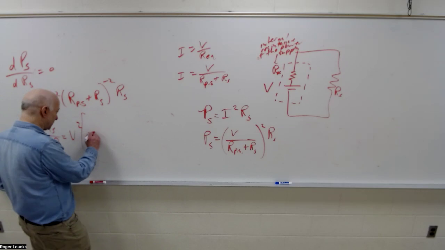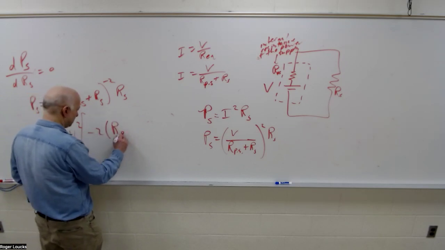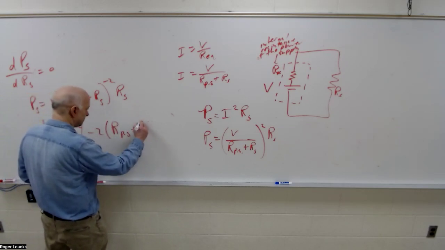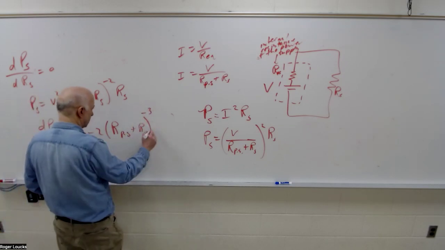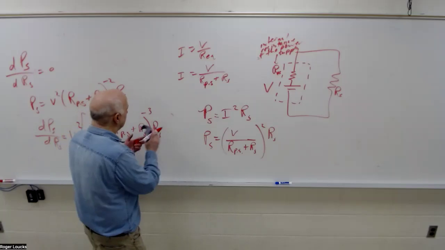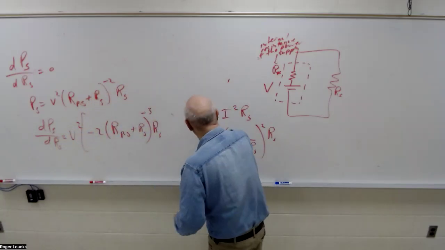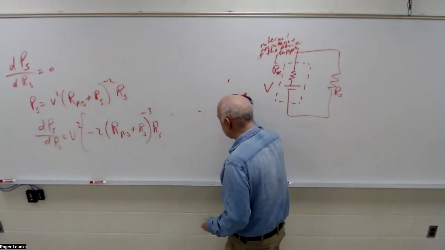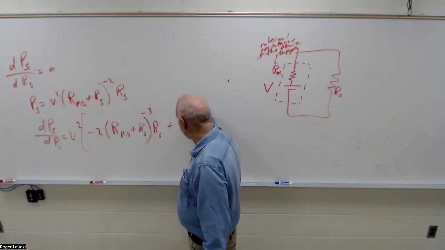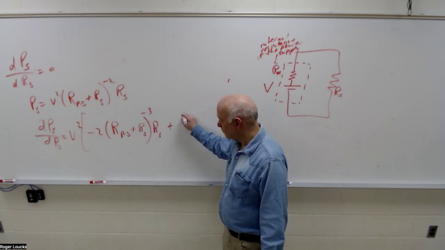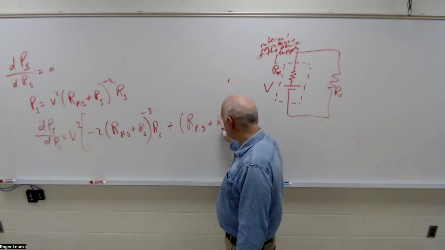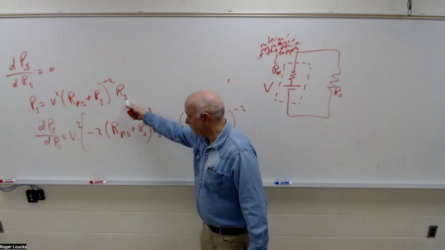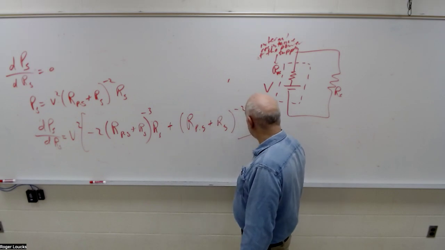Okay, you pull down the minus 2. Comes this guy here, to the negative third. This comes along to the right. And you just have to write R_PS plus R_S to the minus 2, because the derivative of R_S is 1. And you set that to 0.